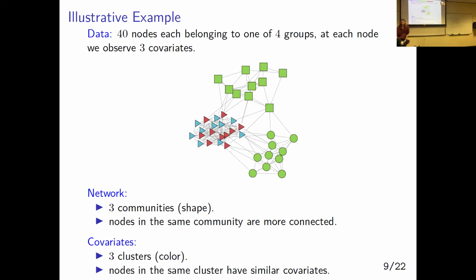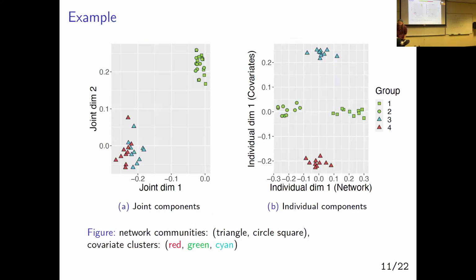Okay, so let's take another look here. This is exactly what I just said, and that's what's being captured by the joint. The joint is capturing what both data sets can distinguish: triangles and not triangles, green and not green. The individual components are capturing what one data set can do but the other cannot.